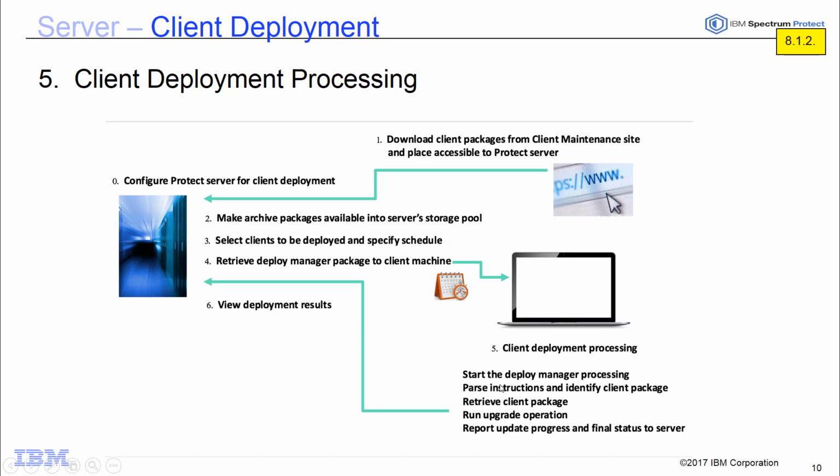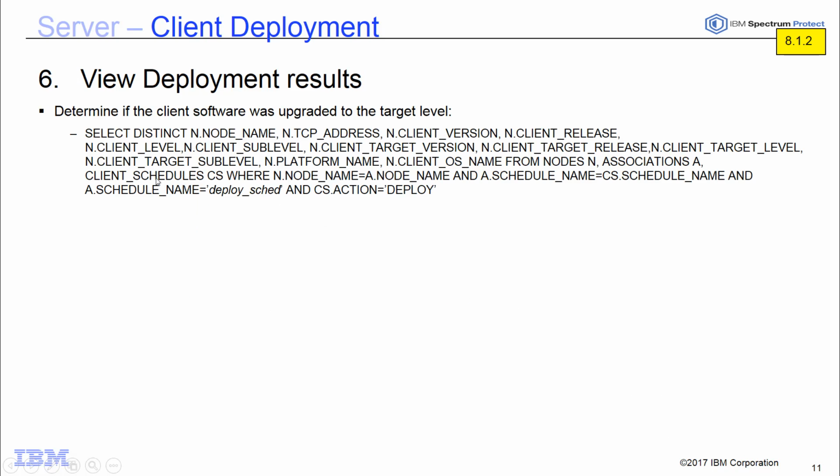It'll parse the instructions and identify the correct client package that we want. That client package will then be retrieved from the Spectrum Protect server and brought back. We'll run the upgrade operation, and then finally we'll report back to the Spectrum Protect server about the results, where you could view them utilizing the select command.